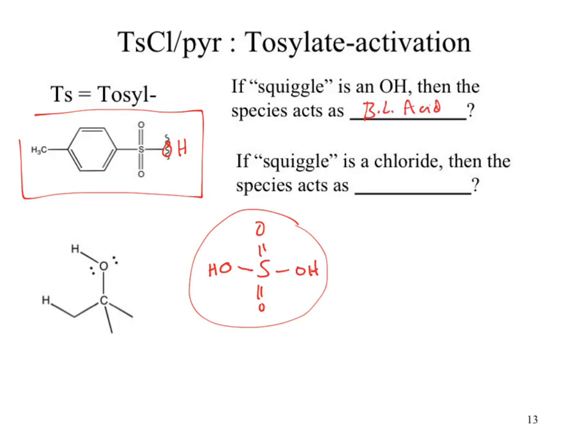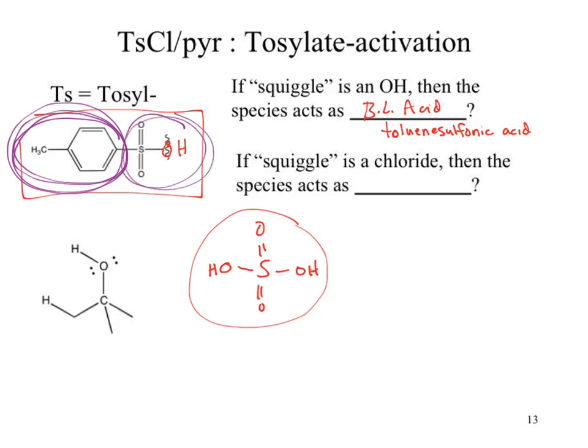And it is referred to as toluene sulfonic acid. Why? What is this group? Toluene. What is this group? Sulfonic acid. So we put the two together, toluene sulfonic acid.